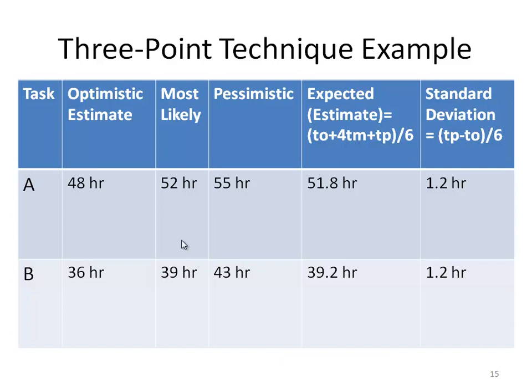For the standard deviation, we subtract TP minus TO, T pessimistic minus T optimistic, divide by 6, which, by chance, for both activity A and B, came to 1.2 hours. That doesn't mean that it will be like that with you. It depends on the numbers that you will have for each activity, but in this case, it came by chance that both standard deviations are the same.